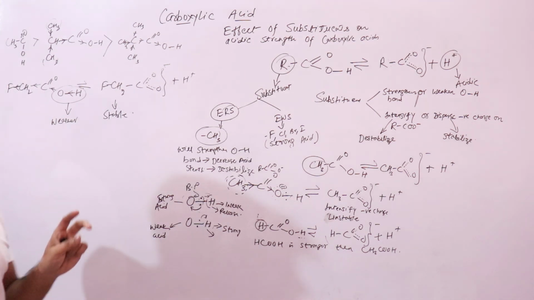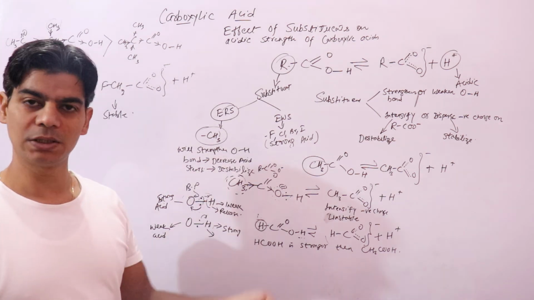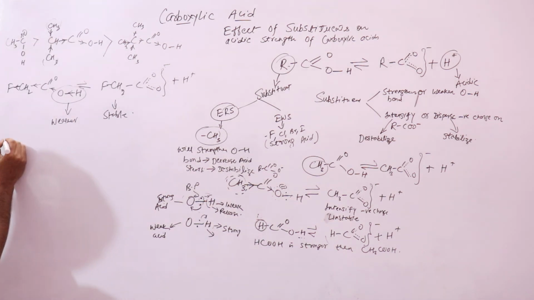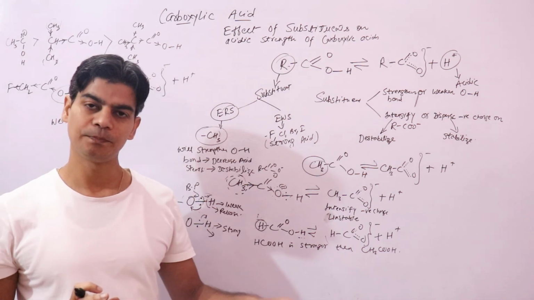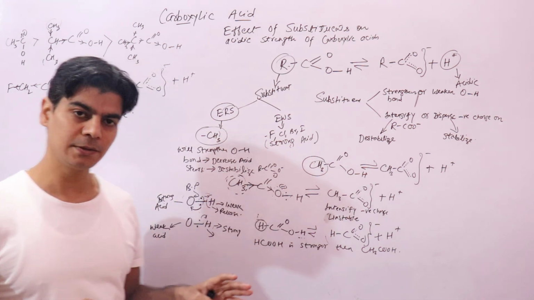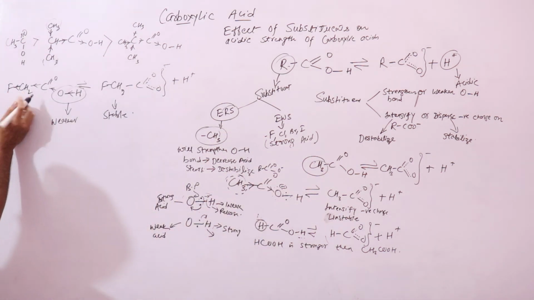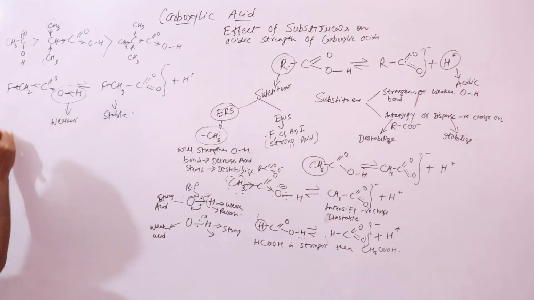Now let's compare it with other halogens. We know fluorine is the most electronegative compared to other halogens, right? So we have three things: the presence of electron withdrawing groups, the nature, and the position of electron withdrawing groups, right? So this electron withdrawing effect is known as minus I effect.